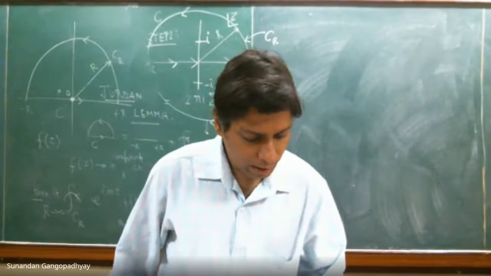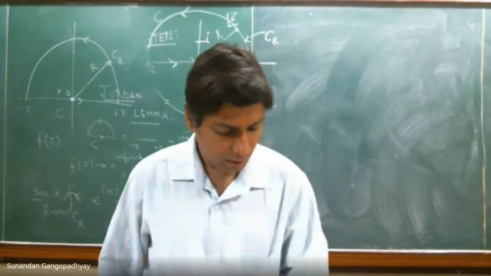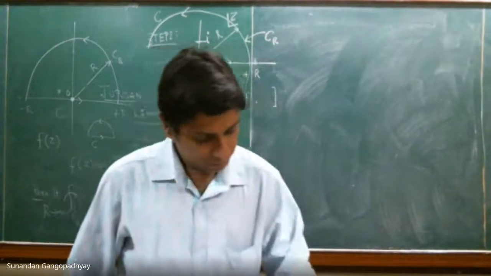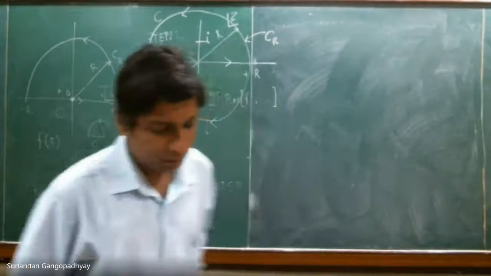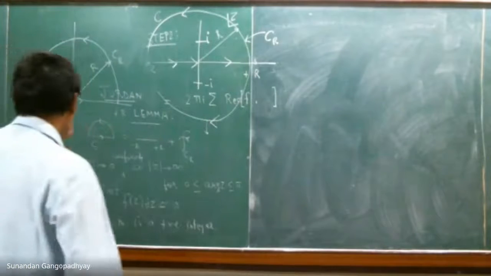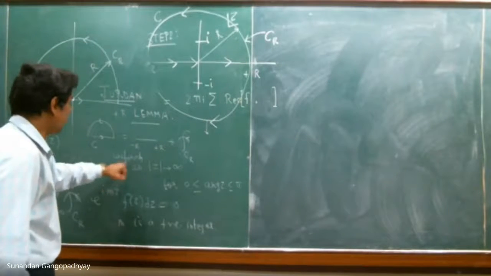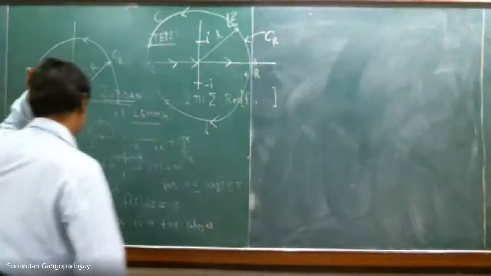Are you okay with the statement of the lemma? What it says is that f of z tends to 0 uniformly as mod z tends to infinity.